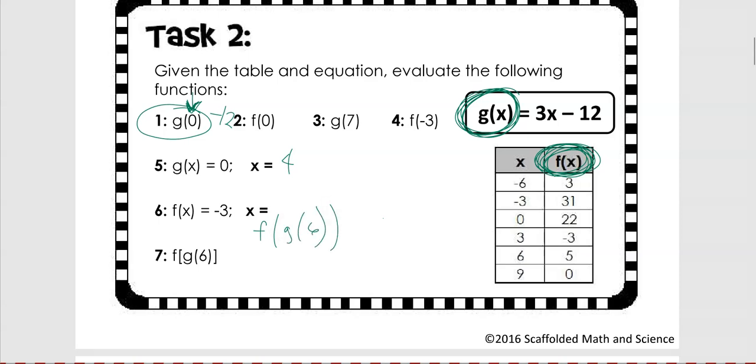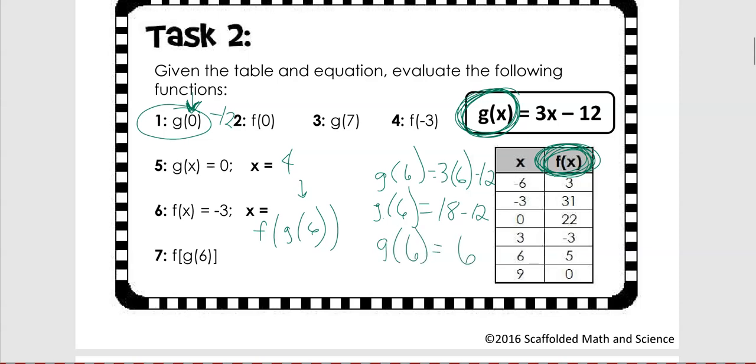So first, we need to find out what g of 6 is. So g of 6 equals 3 times 6 minus 12. 3 times 6 is 18, minus 12. So g of 6 equals 6.